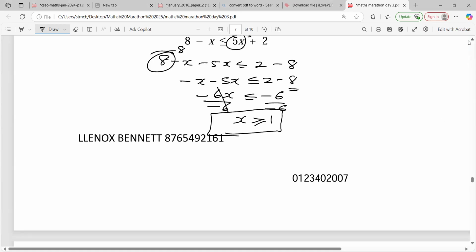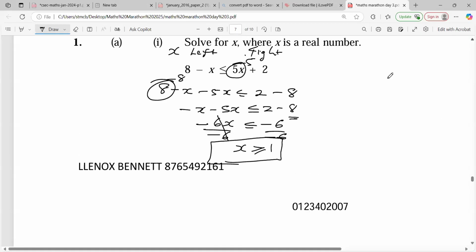Question, Mr. Bennett. I haven't seen where you would have the minus 8. You have 8 minus x is less than or equal to 5x plus 2, then you minus back 8. No, man, it wouldn't be plus 8, but look, the minus is here.